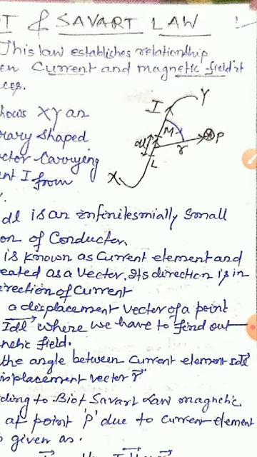Now to determine the magnetic field at point P due to the entire conductor AB or XY, dB is to be integrated over the entire length of the conductor.